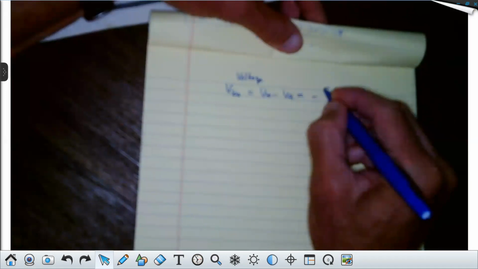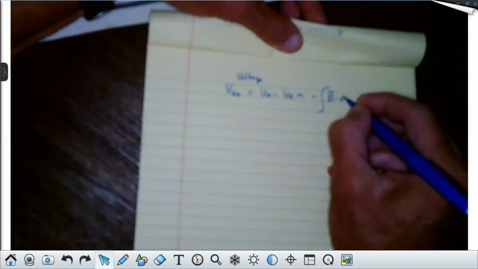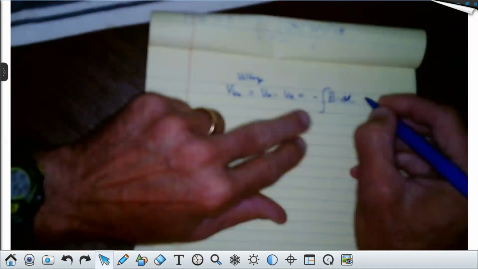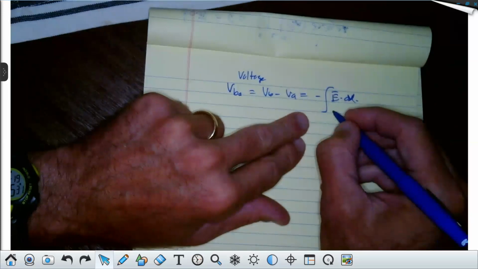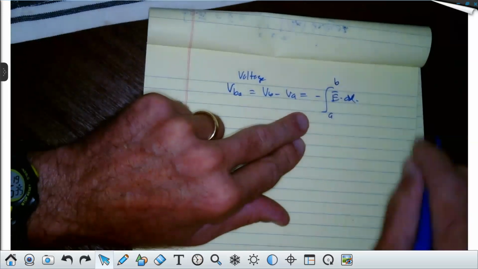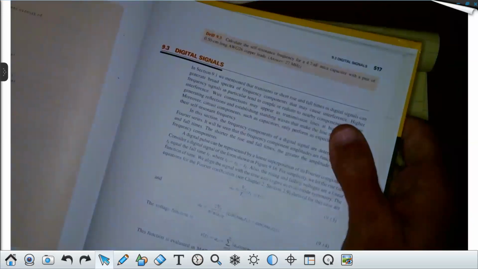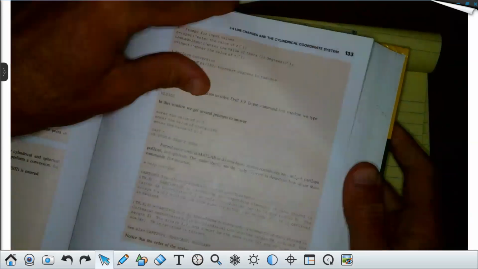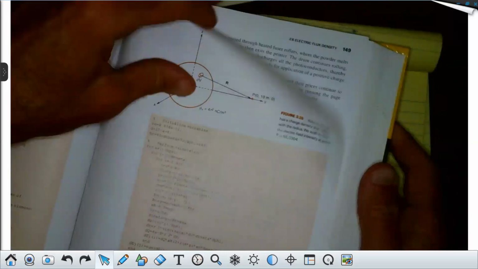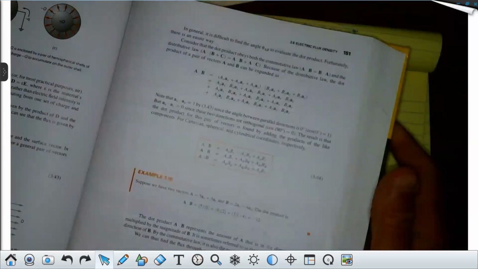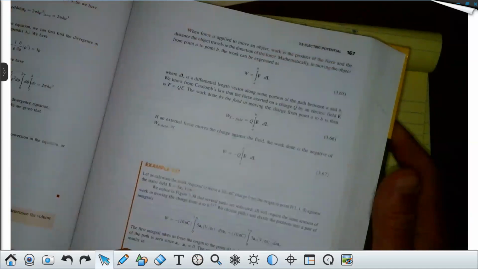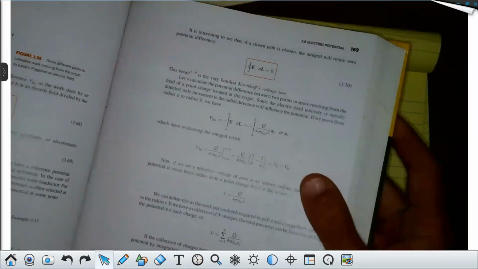And that's equal to minus the integral of E dot dl, and here it's going to go from A to B. And let me tell you where it is in Whitmore's book. It's formula 368, and it's on page 168.